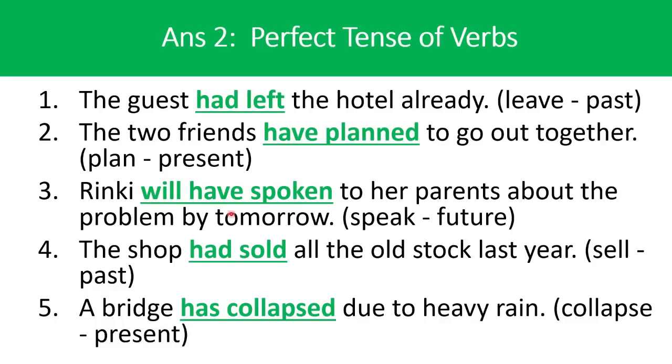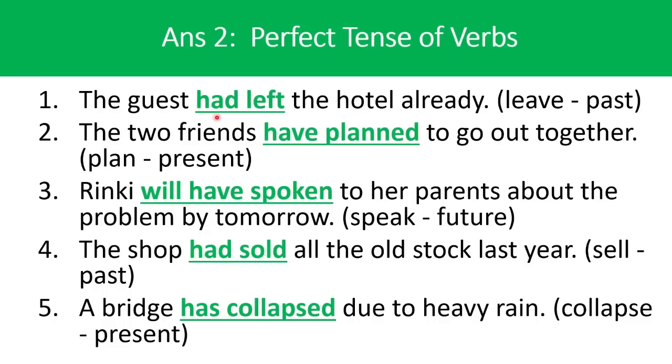Whereas if you look at the verb leave, left, not leaved; speak, spoken, not speaked; sell, sold. Therefore, these are irregular verbs. We also call them strong verbs. Strong because you can't change the form. The form is fixed. All important verbs, which are the basic verbs in English, are all strong or irregular verbs.